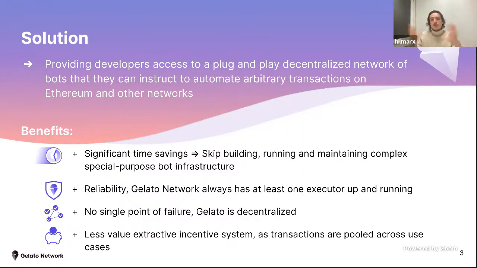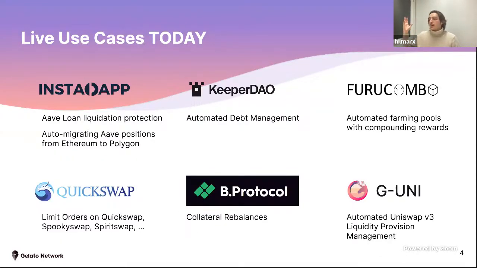They pool these transactions together, and because they're executing so many, they have to extract very little value out of each single one in order to actually turn a profit. And yeah, so these are some of our users: InsideApp, KeeperDAO, Fukumbo, QuickSwap, whatnot. A lot of projects use Gelato these days.